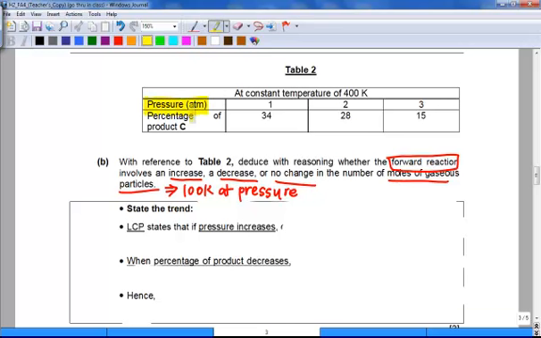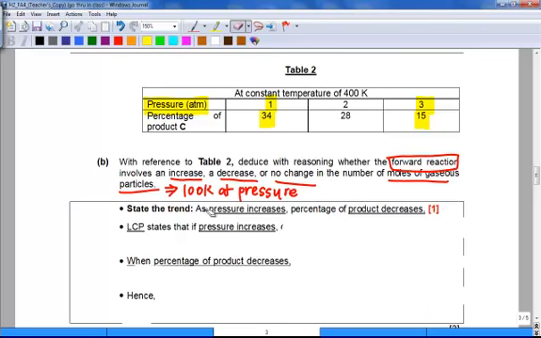So we know that when pressure increases from 1 to 3 atm, the percentage of product C actually decreases from 34 to 15. So again, how you would approach the question is very simple. Firstly, state the trend.